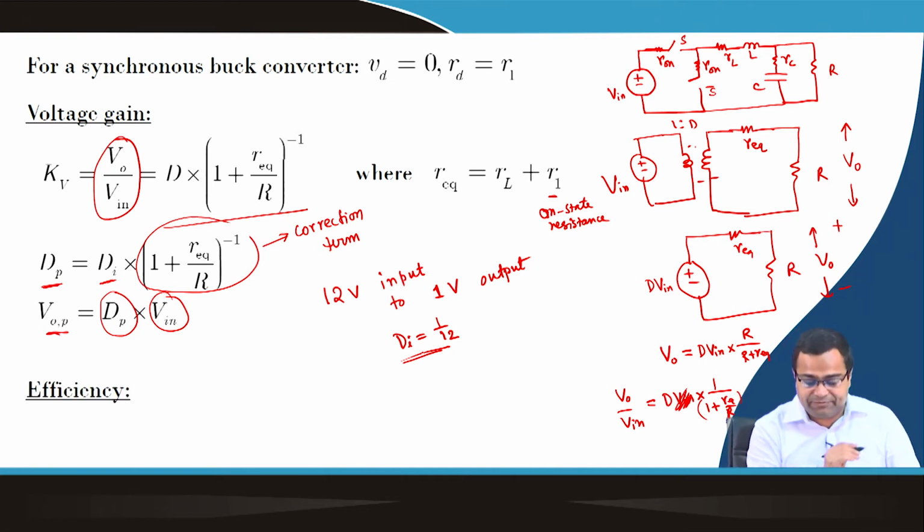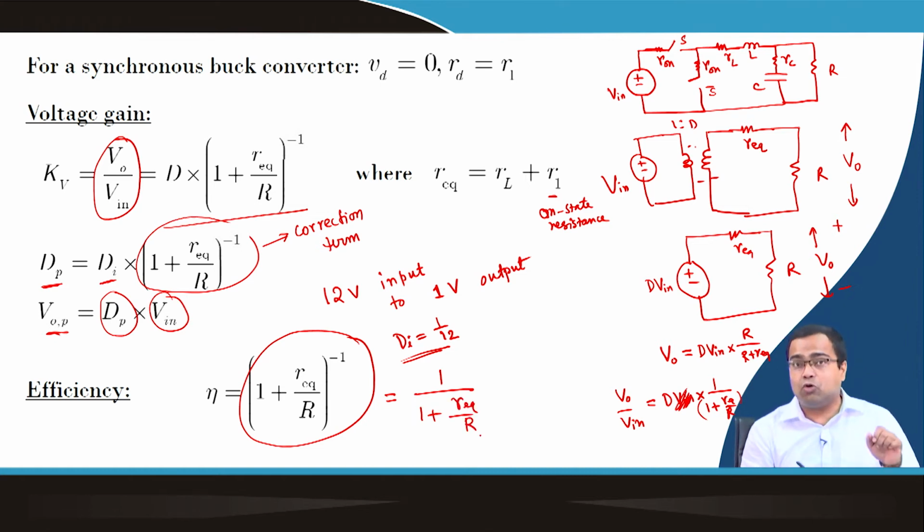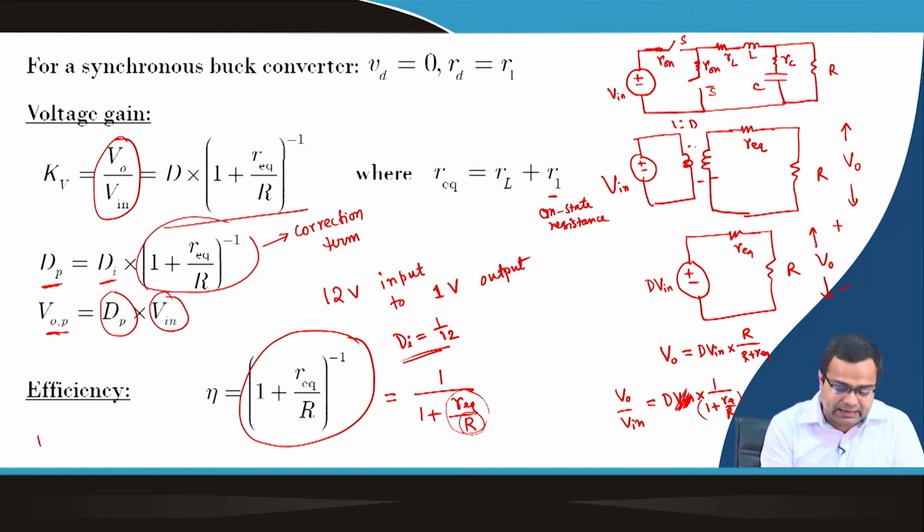Okay, and the efficiency of this converter is simply the correction factor. So you can see the efficiency, because this is nothing but 1 by 1 plus R equivalent by R. That means if the load current increases, this term will decrease, and if this term decreases, this term will increase, and as a result efficiency decreases. So that means if R decreases, that means higher load current implies the efficiency also decreases.